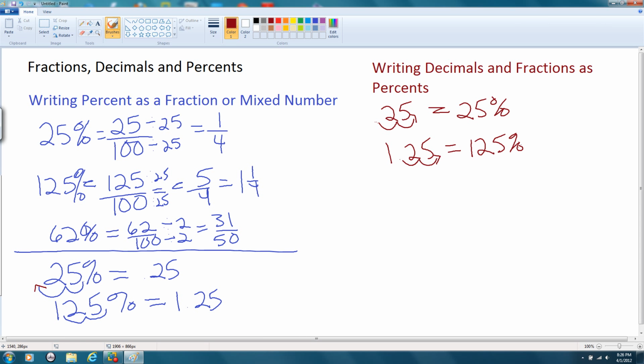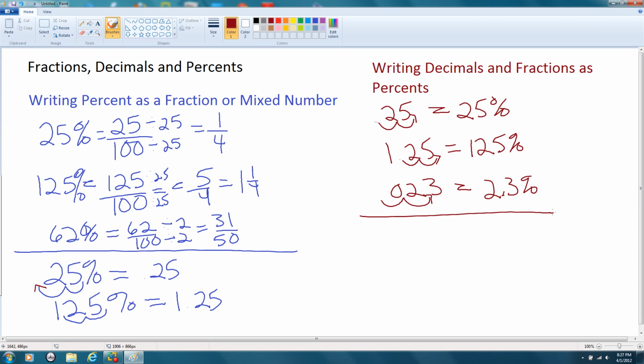If I had 0.023, I would move it over 1, 2, and that would equal 2.3%. Now we're going to next go from a fraction to a percent.